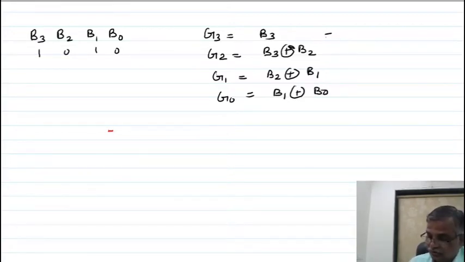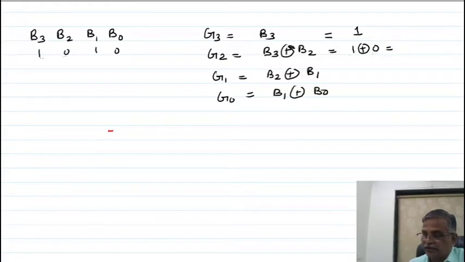Suppose this is your binary number. G3 is 1. For G2, the exclusive OR function of 1 and 0, and you know that if both the inputs are at different levels, the answer is 1 in an XOR gate.